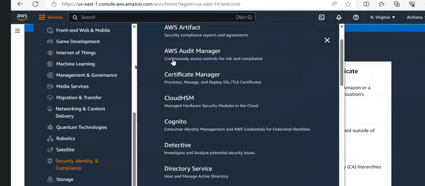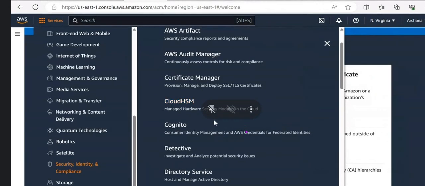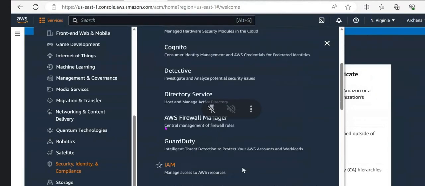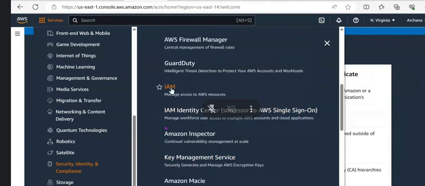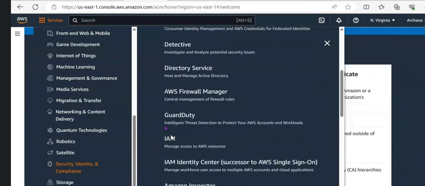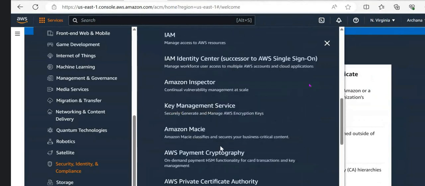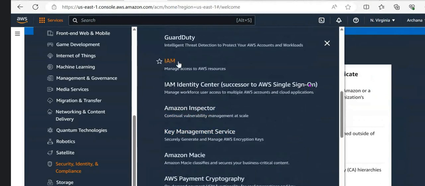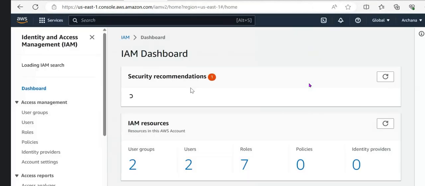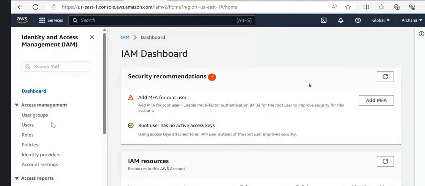So we were on Cloud HSM. I haven't gone through it. Go to the one which you have gone through. So next is IAM, which is Identity Access Management, where we can create multiple users.